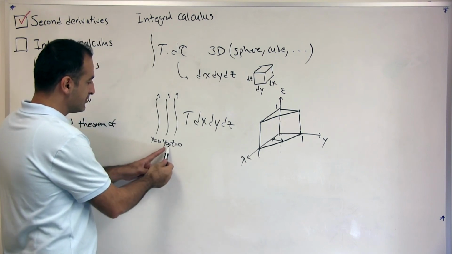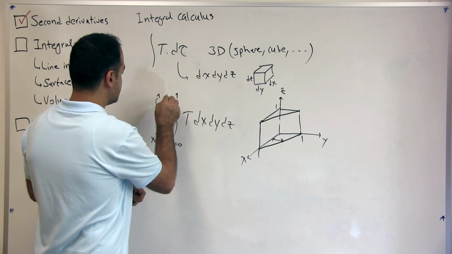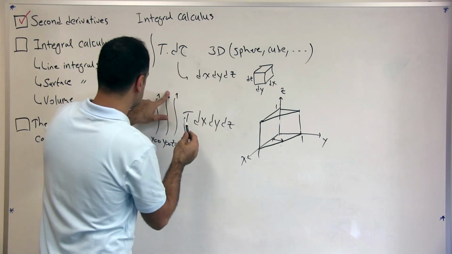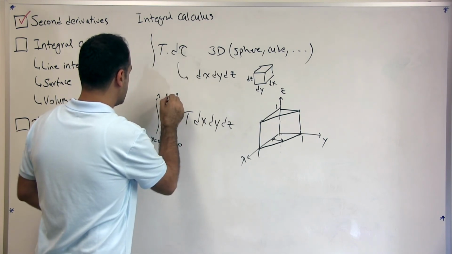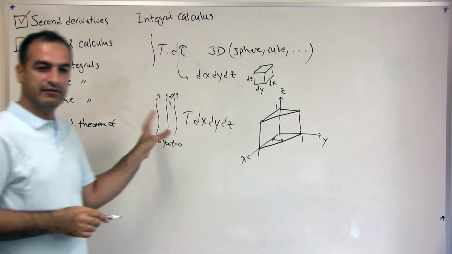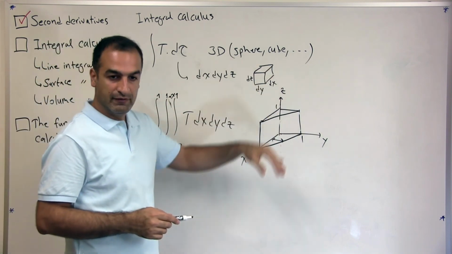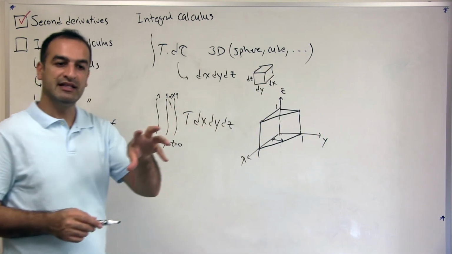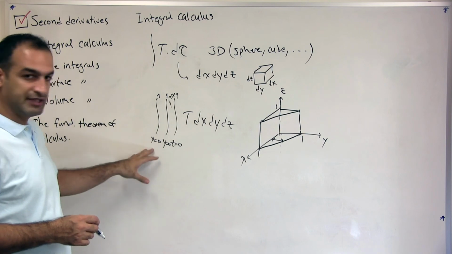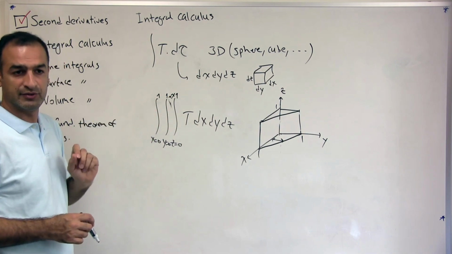So y goes from 0 to 1 minus x, okay? So you need to be careful when you are doing three-dimensional integrals, not only with the overall limits, but also the limit that is dictated by your shape. And that needs to be reflected in the limits of the three integrals you are doing, okay?